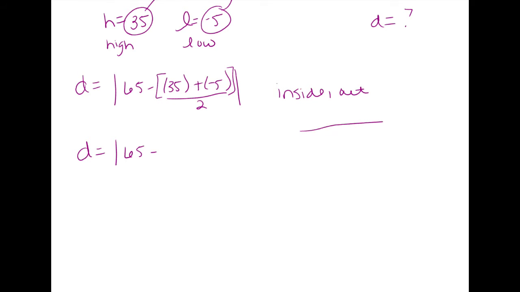And remember on our number line that when we added a negative, we moved left. So 35 plus a -5 gives me 30 divided by 2. Okay, now I'm going to go ahead and do that division. 30 divided by 2 is 15.